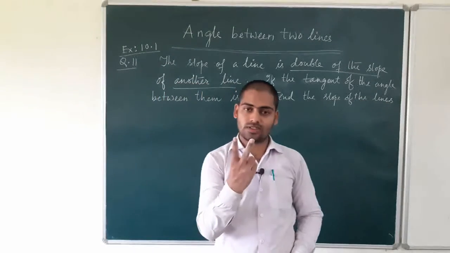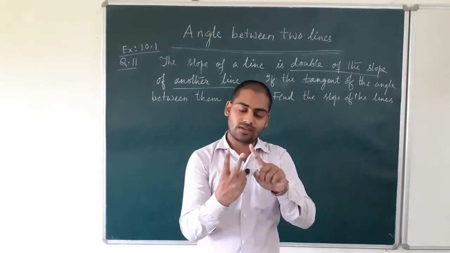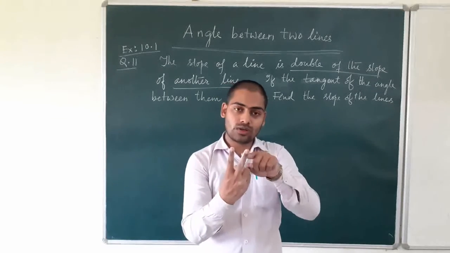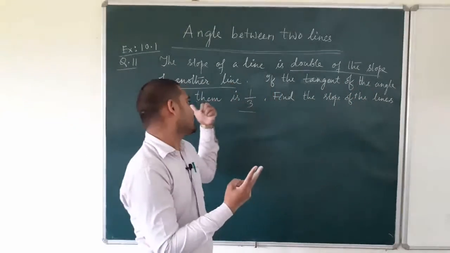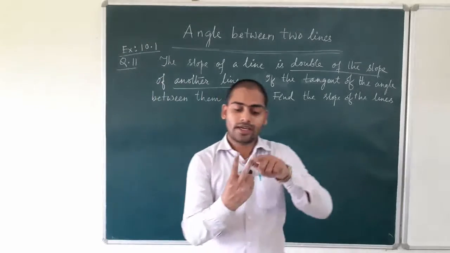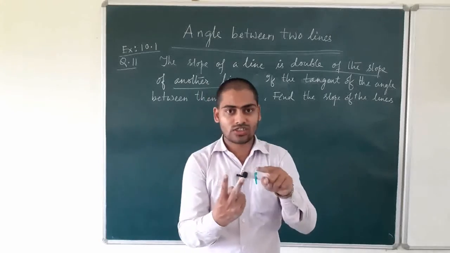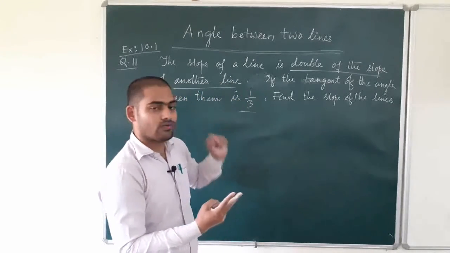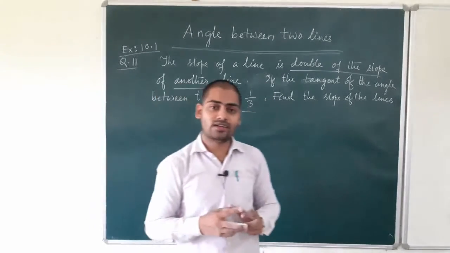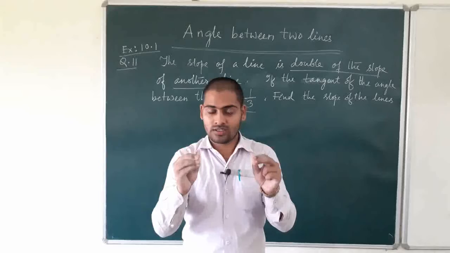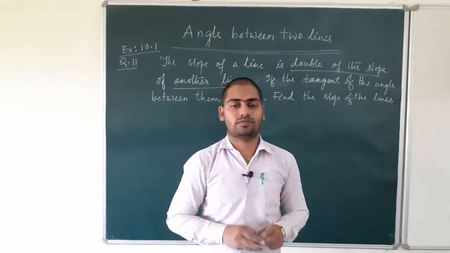Two lines are given. The tangent of the angle between the two lines is 1 by 3. Suppose the angle is theta, then tan theta is given as 1 by 3. And we have to find the slopes of the two lines which are intersecting each other.